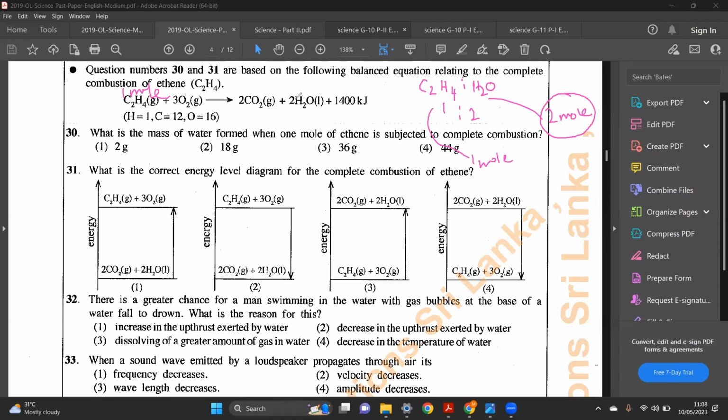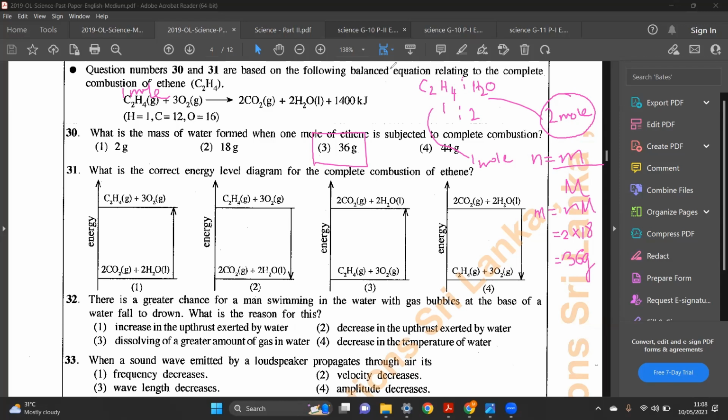I can find the molar mass of water, H2O: 2 hydrogens and oxygen is 16 plus 2, 18. So I can use this equation, n equals small m over capital M. I can find the mass by multiplying those two. So that is 2 times 18, which is 36. Okay, so there you go. 36 grams.